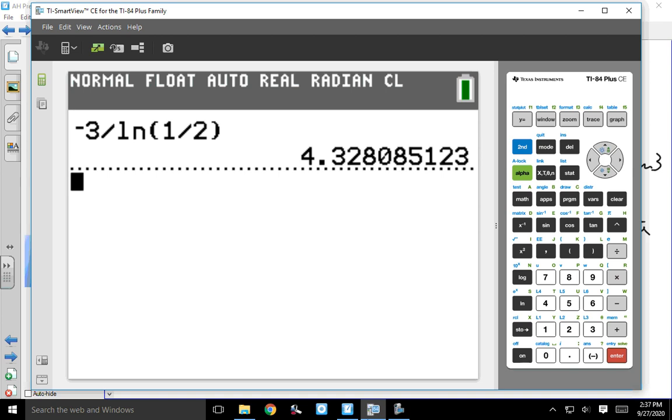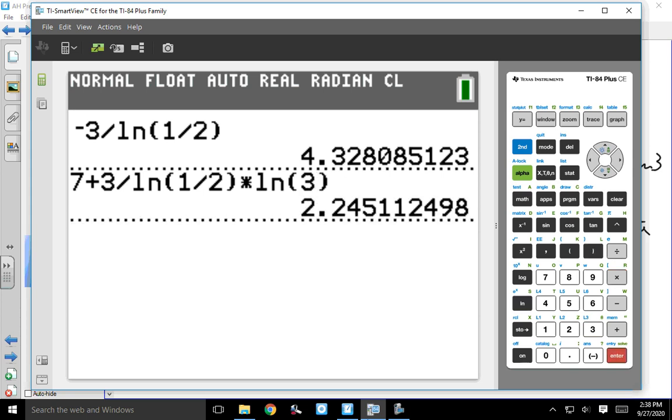It was 7 plus 3 over the natural log of 1/2. And we multiplied that by the natural log of 3. So we get 2.245, it looks like, should be our value for A.